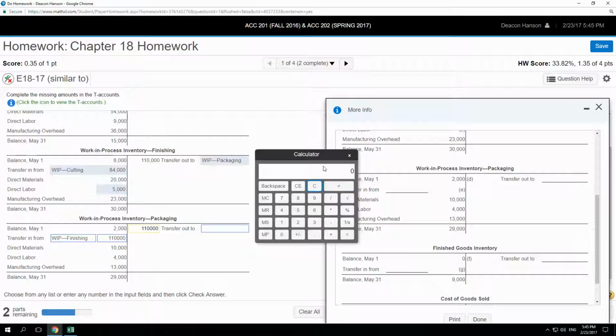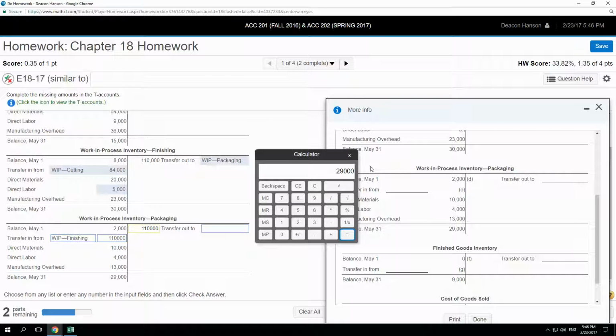Okay. And then I always double check it, so I always go back and do the math, just to be sure, and it comes out to the ending balance.